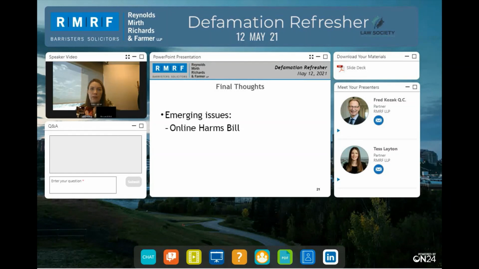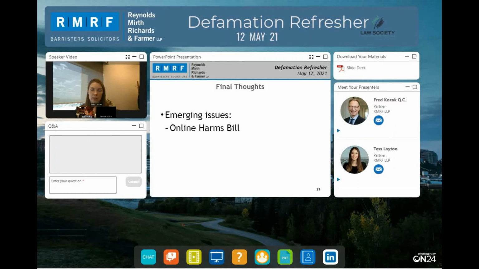There's been a lot of talk and response worldwide about this. Some places have done nothing, but most countries are talking about it. The UK has a regulatory process that they are in the process of enacting. Germany already has legislation. And so the online harms bill is Canada's response.